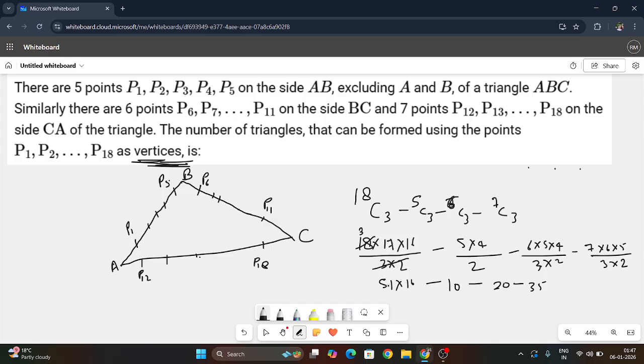Okay, now let's do the calculation. 10 and 20 and 35, if you add it, it will be 65. So 816 minus 65 is 751. Okay, so 751 is the number of triangles.